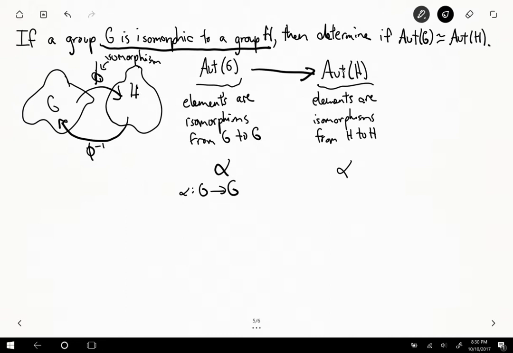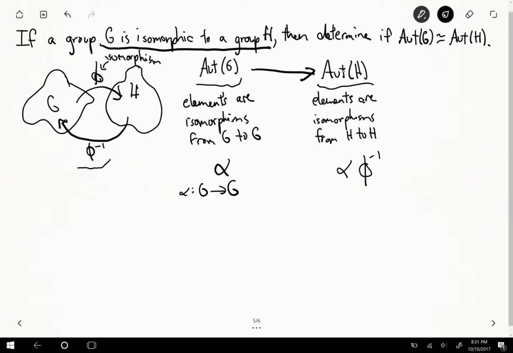Well, let's think about that. We want to start in H. So that means on this right hand side, if we want to start in H, looking back at our map over here, we want to start with phi inverse, because phi inverse starts in H. And I know going on the right that may seem confusing, but remember our first move is the function on the right. So our phi inverse, we're starting in H and we're mapping into G. Okay.